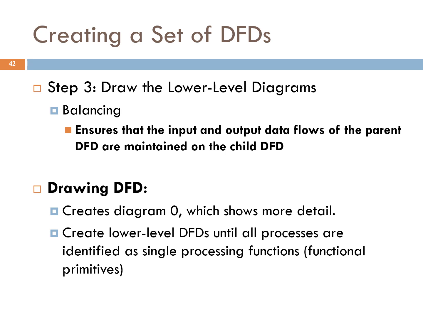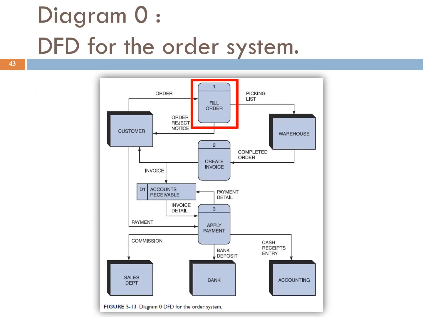When drawing DFDs, you create diagram 0, which shows more detail from the context diagram, and then create lower level DFDs until all processes are identified as single processing functions, which we call functional primitives. Let us take an example of diagram 0, the DFD for the order system.